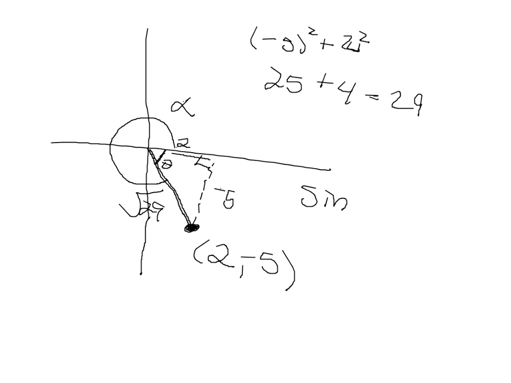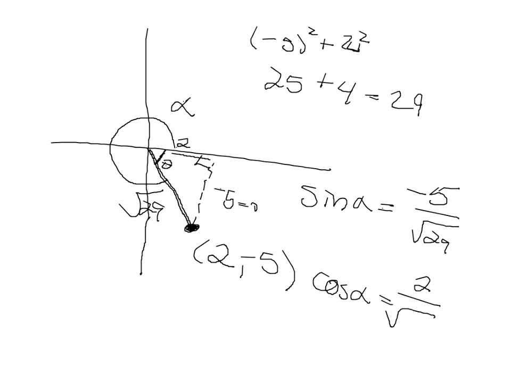Okay, so sine alpha is going to be opposite over hypotenuse. So that's -5 over the square root of 29. Cosine alpha is going to be adjacent, so that's 2 over the square root of 29. Tangent is opposite over adjacent.